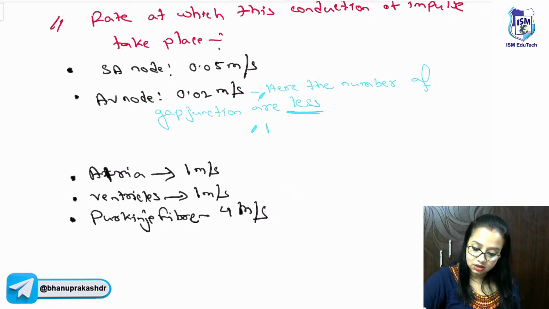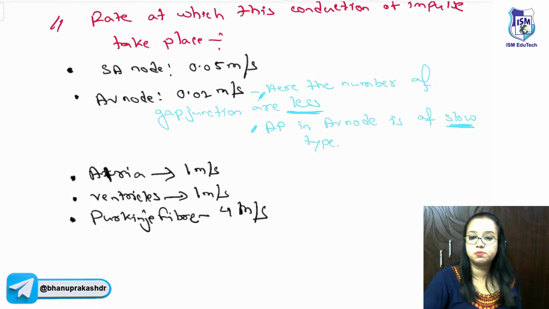Another reason is that the action potential in the AV node, we will study about the cardiac potential right after this, is of slow type.